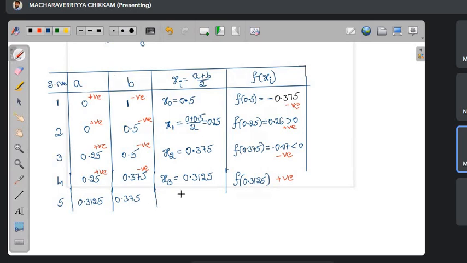So now x4 is nothing but, what is x4? Definitely 0.34375.